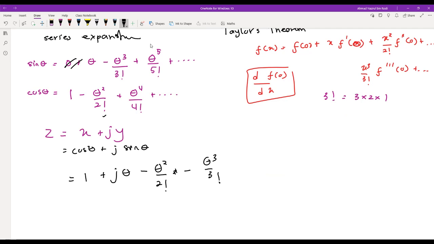For sine they have j, so j here, plus theta 4 over 4 factorial, and then you have plus theta 5 over 5 factorial j.